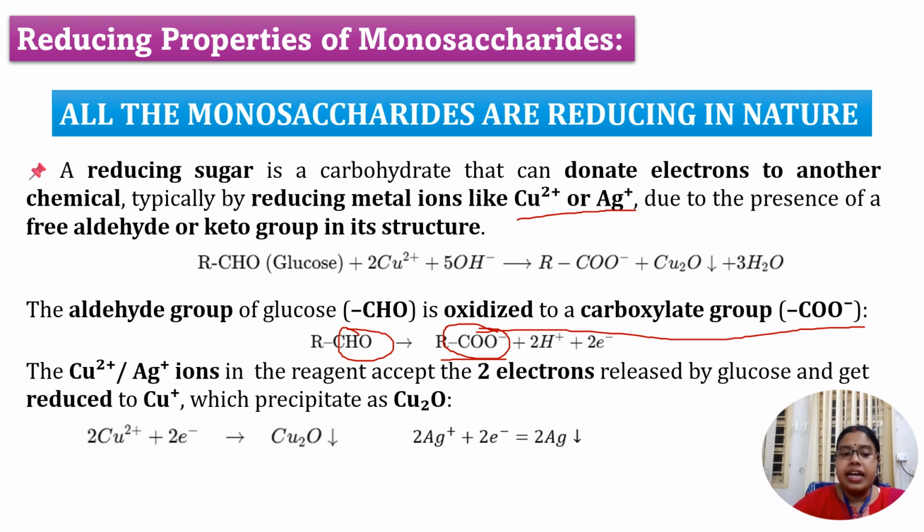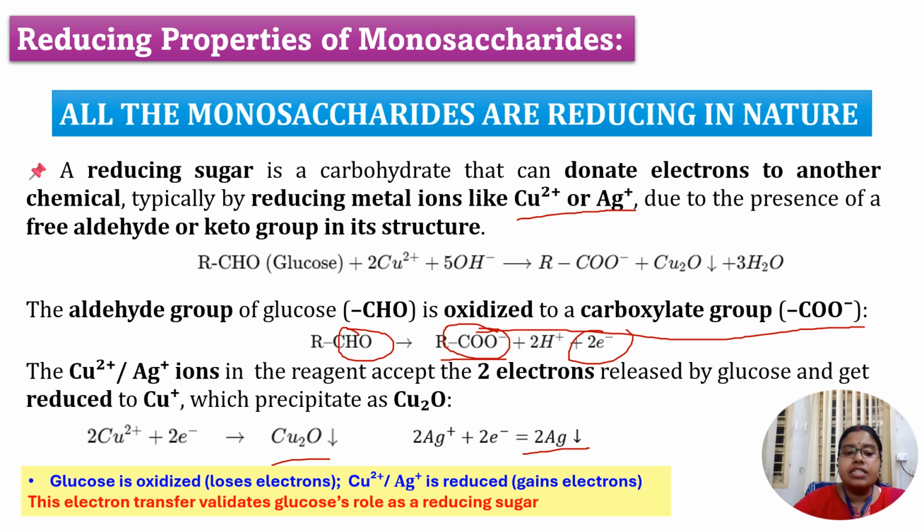And the copper or Ag+ ions in the reagent accept these two electrons released by the glucose and get reduced to copper +, which precipitates as Cu2O. Similarly, the silver ion can also accept the two electrons removed from the aldehyde of the glucose molecule, and it forms silver and precipitates.